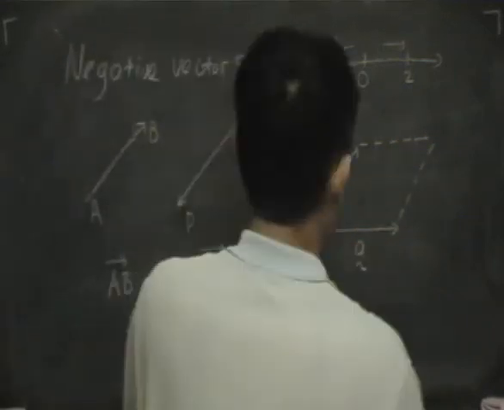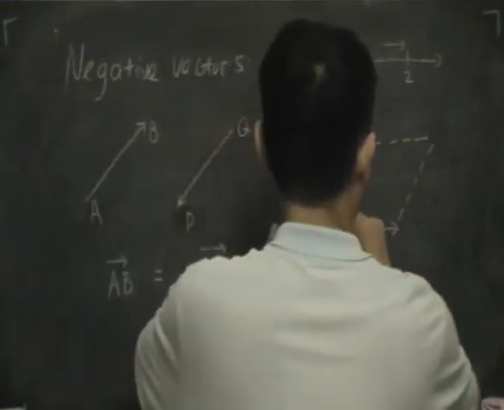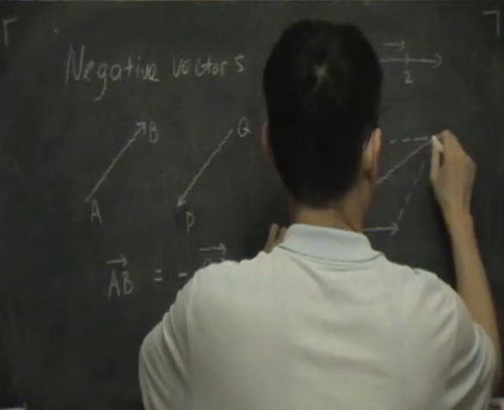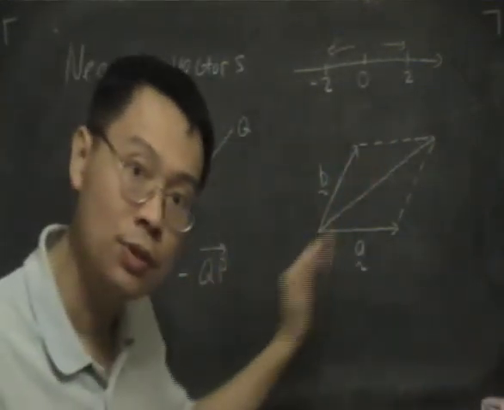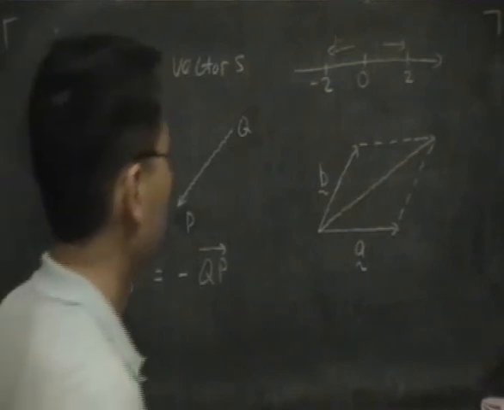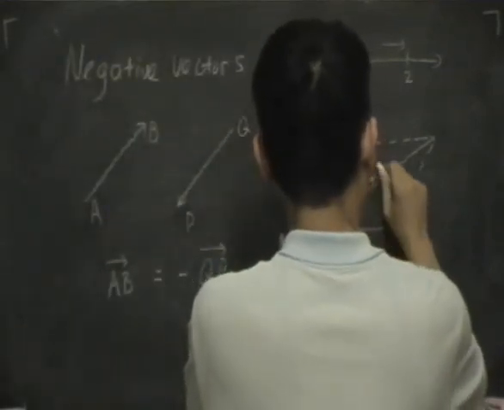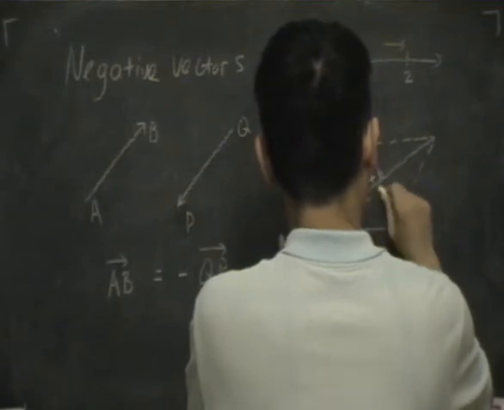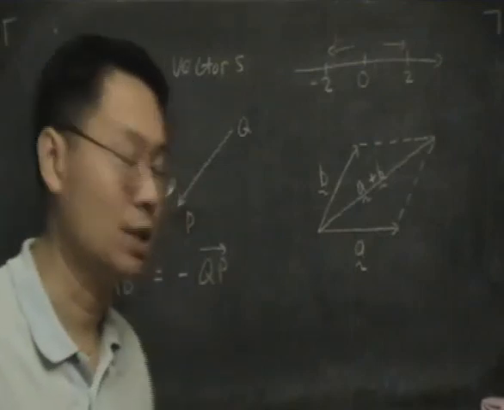And then I would draw a diagonal from the tail to the opposite corner. And this diagonal gives the resultant. So this would be A plus B, the resultant vector.